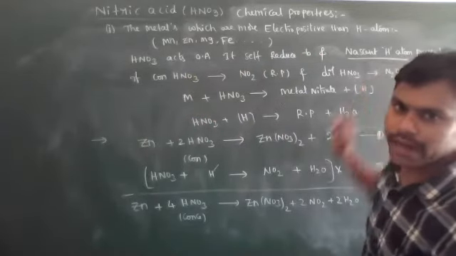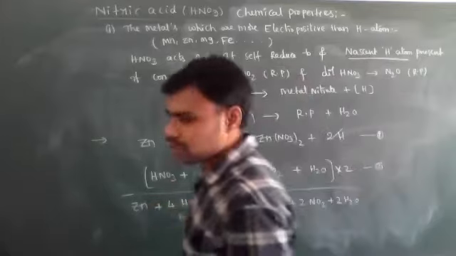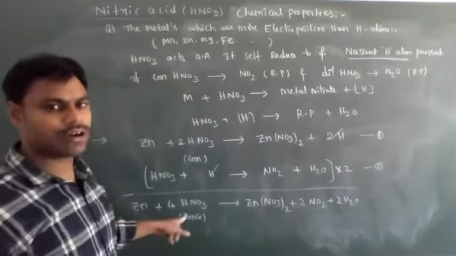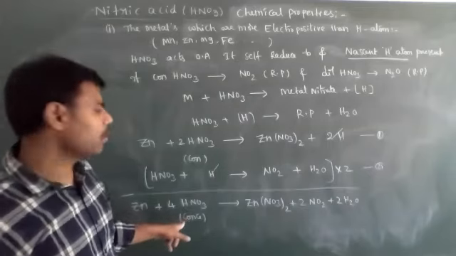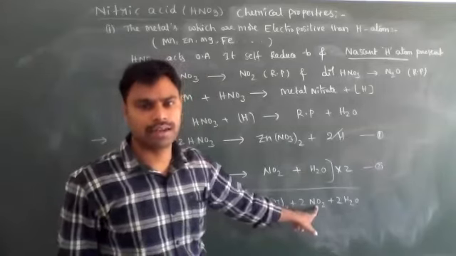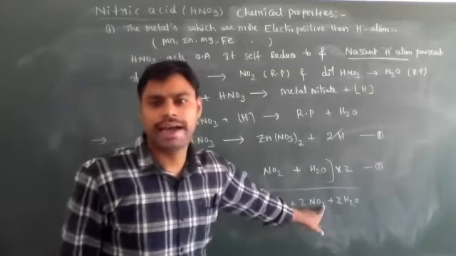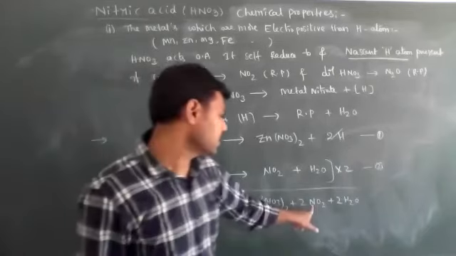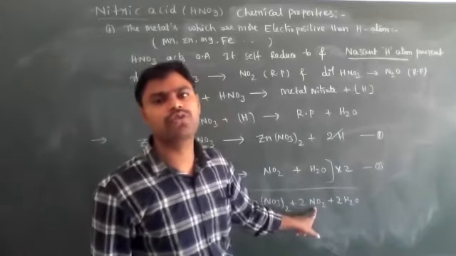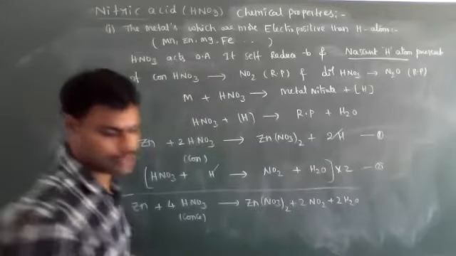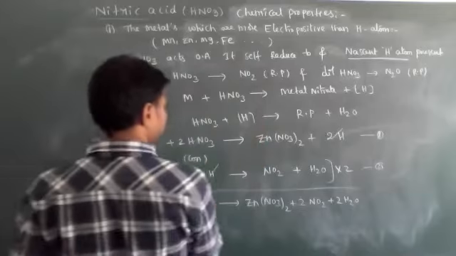Adding both equations gives the final equation. In examination, zinc plus concentrated HNO3 gives zinc nitrate plus NO2 gas as the byproduct. If dilute HNO3 is present, N2O comes instead. That is very, very important for objective examination. Okay, let's see the dilute medium.